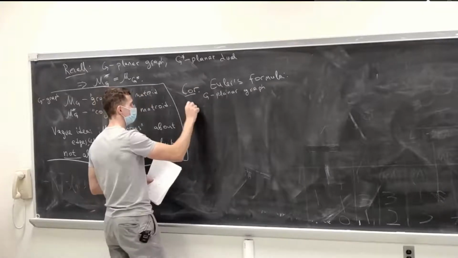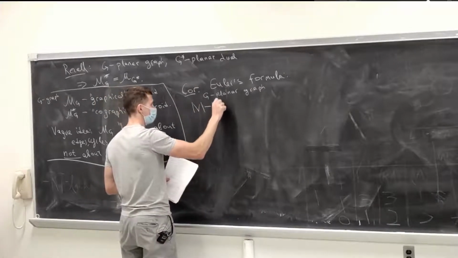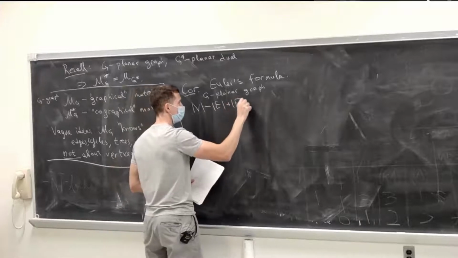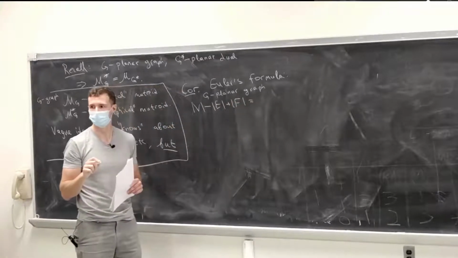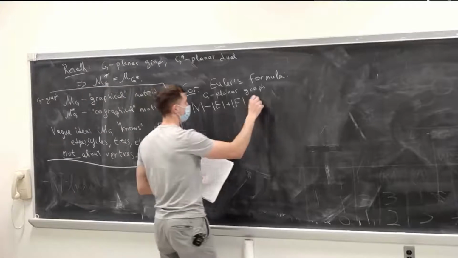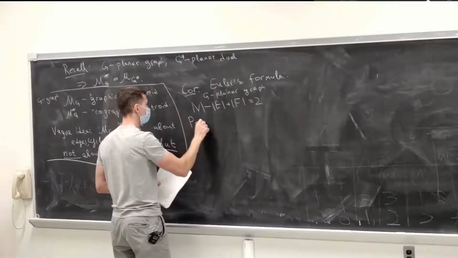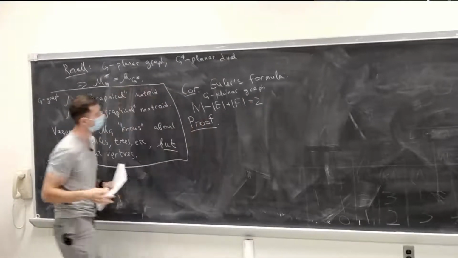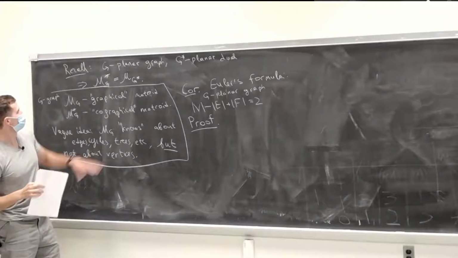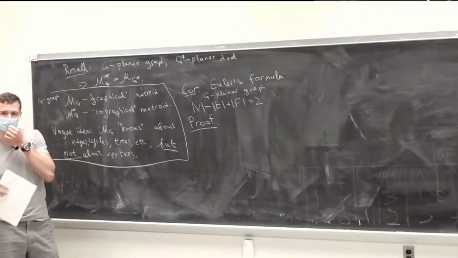And as you know, vertices minus edges plus faces is what? 2. Okay. How do you prove it using this statement here?